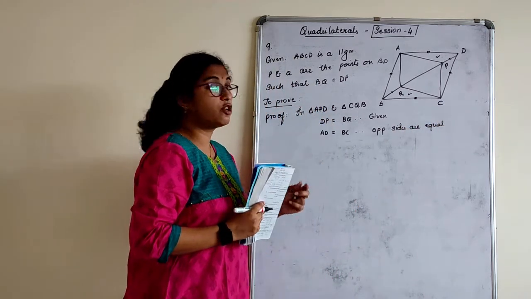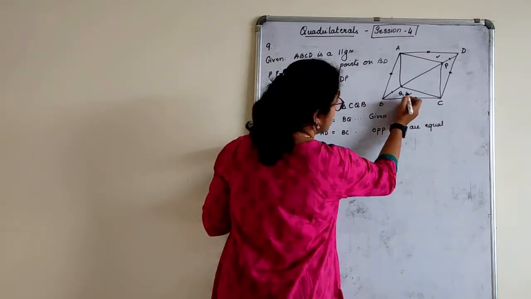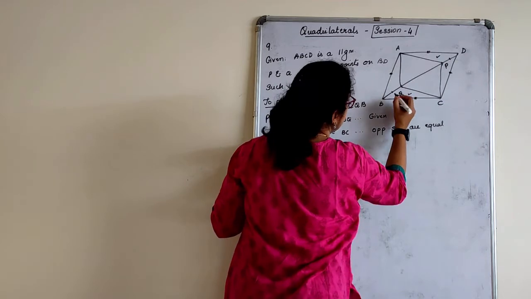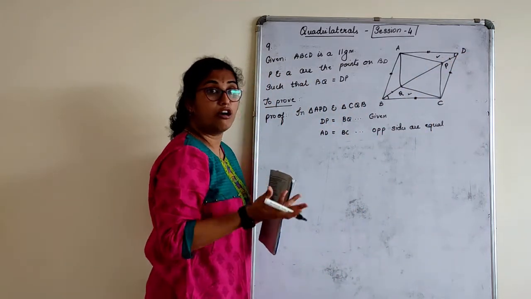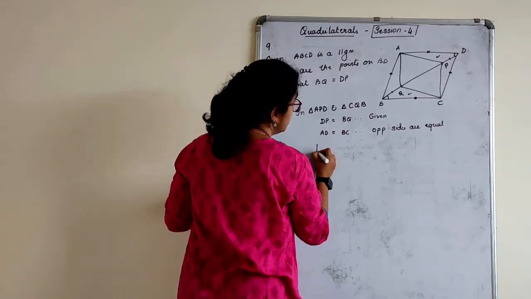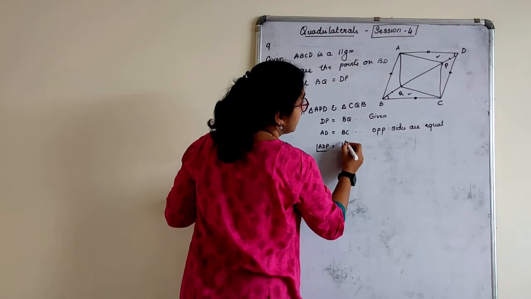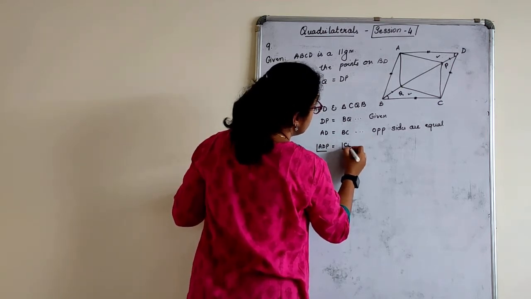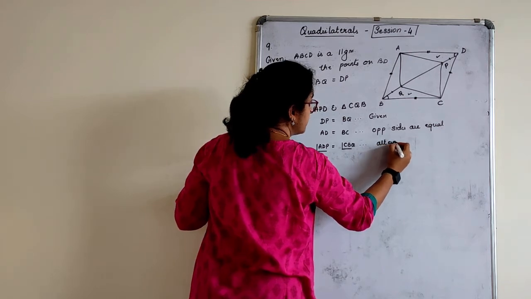Now we don't have any common side or third side there, which means it has to be an angle. This side and this side here. Can I tell this angle is equal to this angle? Alternate angles. Angle ADP is equal to angle CBQ, alternate angles.